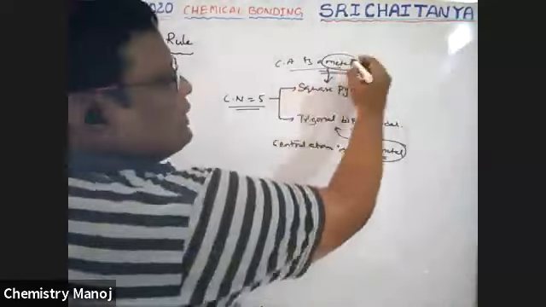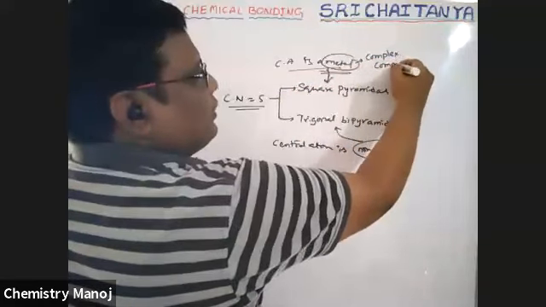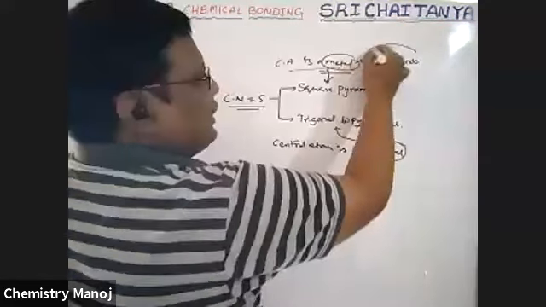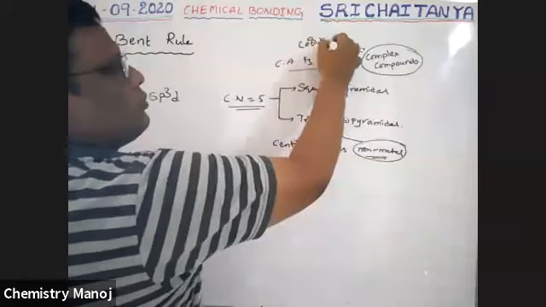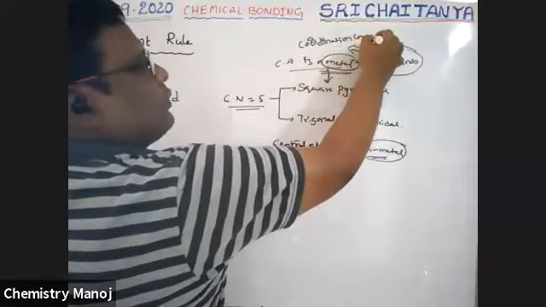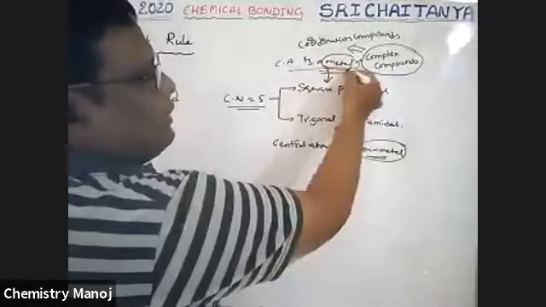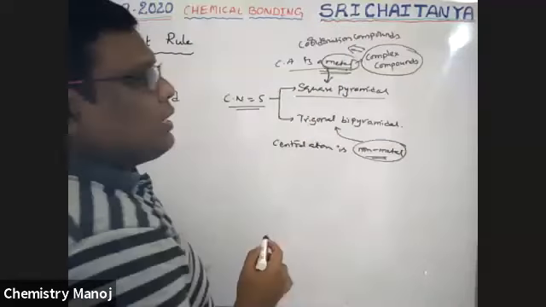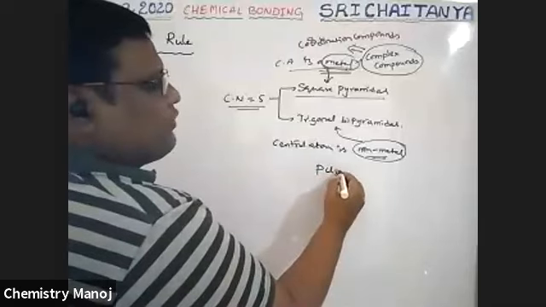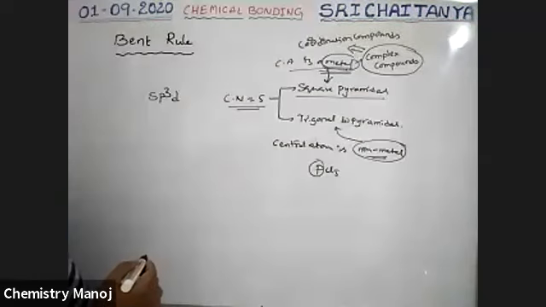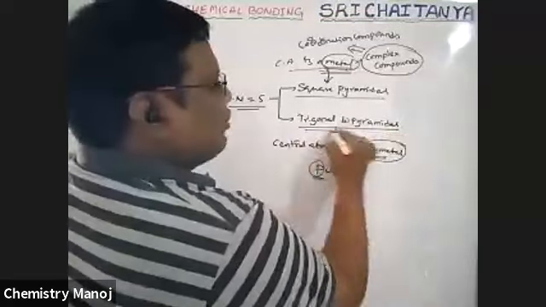Metal means in most cases complex compounds, which are called coordination compounds. In coordination compounds or complex compounds, the central atom is a metal, and that follows a square pyramidal structure. But in general cases, for example PCl5, phosphorus is the non-metal. Molecules of this type follow trigonal bipyramidal structure.